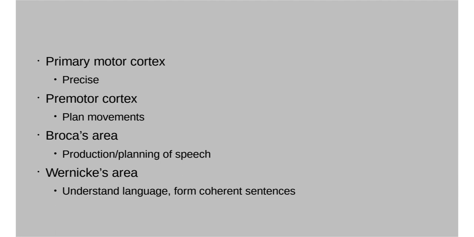On this slide, we see some of the many regions that are found in the motor areas of the cerebral cortex. So let's talk about some of the more common ones that you'll hear about. The first is the primary motor cortex. Now, the primary motor cortex is responsible for precise, skilled movements.